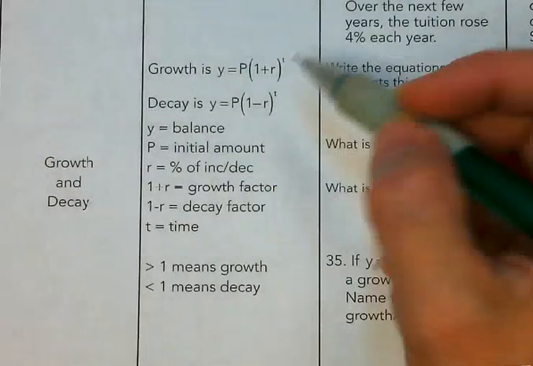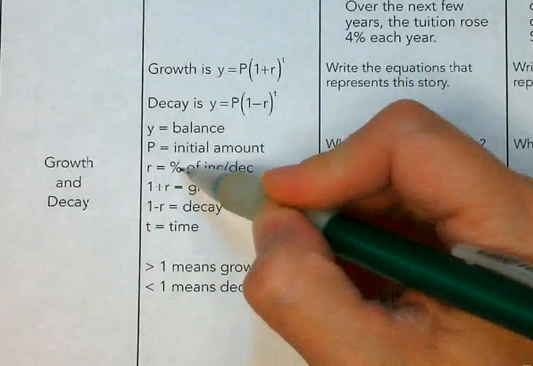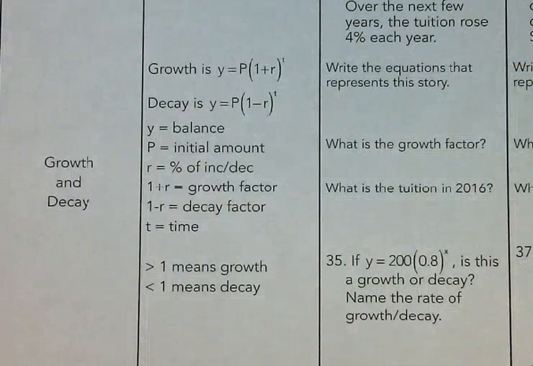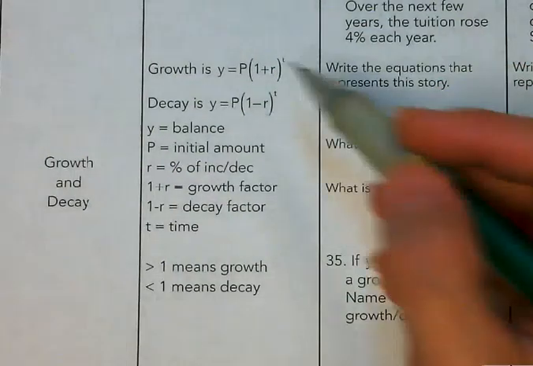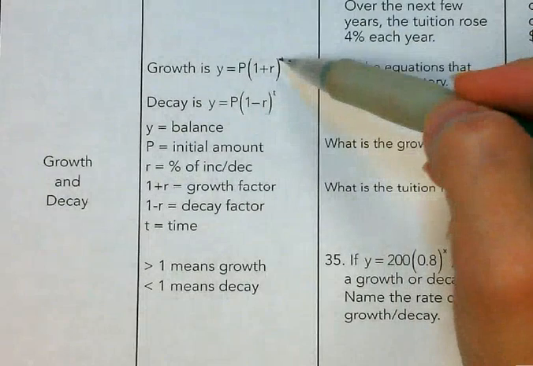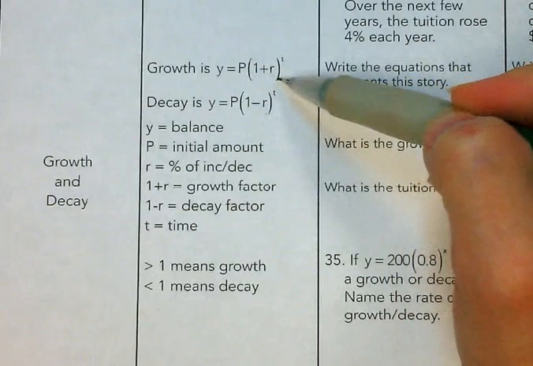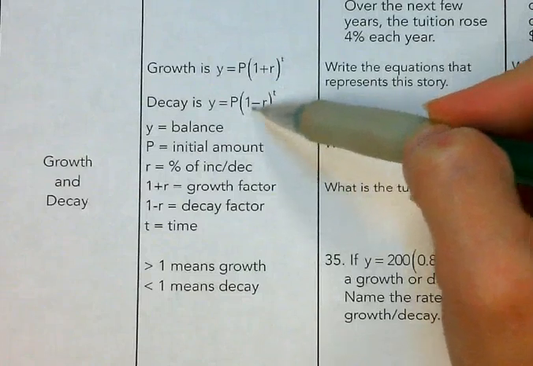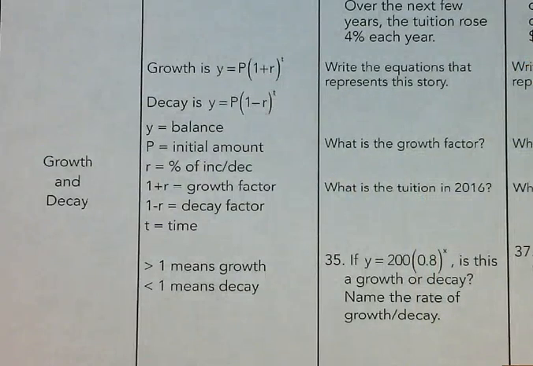That's what factors are. The r, the actual letter r there, is the percent of increase or decrease. And then the t is time. And the way we can tell if it's growth or decay: if the number in the parentheses is larger than 1, it's growth. And if the number in the parentheses is smaller than 1, it's decay.